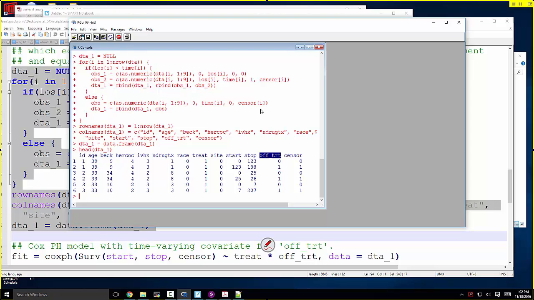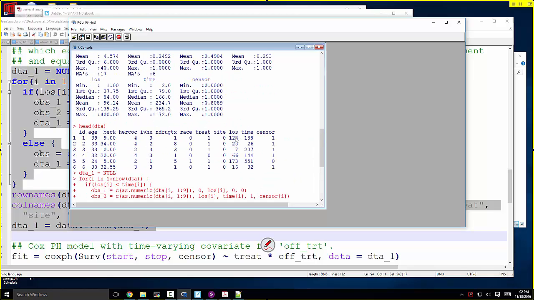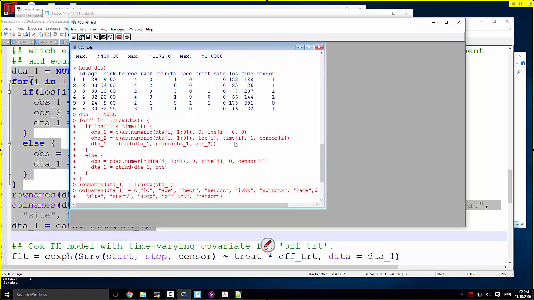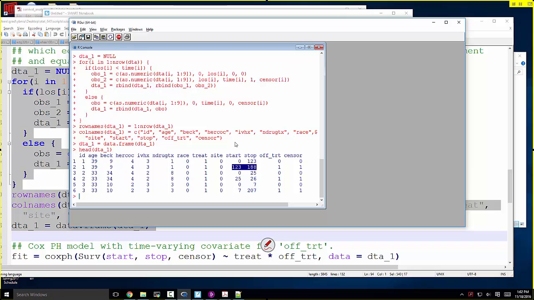So in the first case, it's 0 for individual 1 because beginning at time 0 and ending at time 123, they were in the treatment regimen. After time 123, remember, they dropped out of the treatment. So my second bit of information for this same individual covers this time period from 123 to 188, during which they are off treatment.